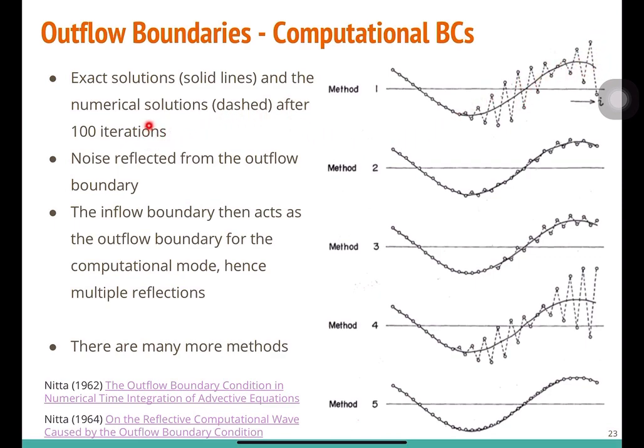If you do the calculation after 100 iterations, n equals 100, you can see that the noise is reflected from the outflow boundary. And for the second one, it's better. And for the third and the fourth one, you can still see some computational modes that we don't want. And there are many more methods. You can look at the papers in here.